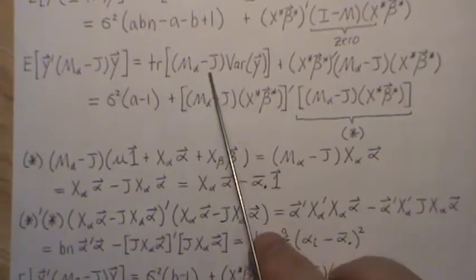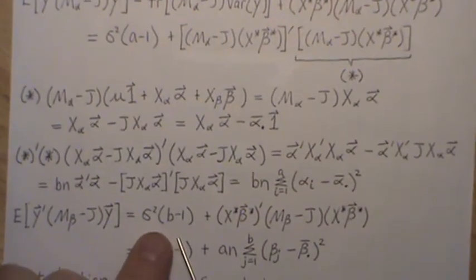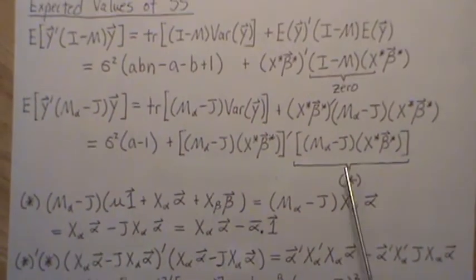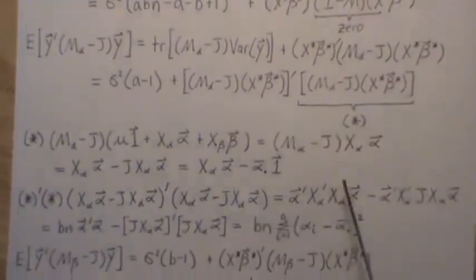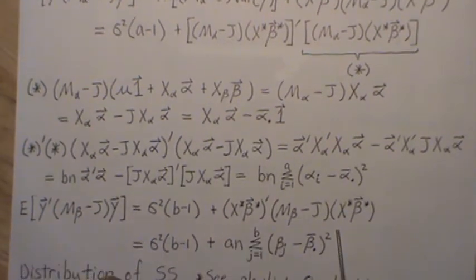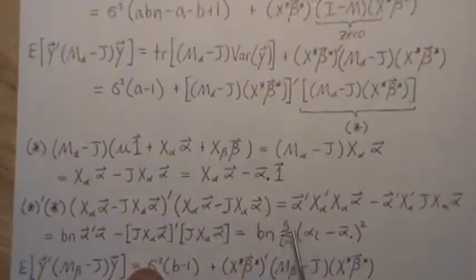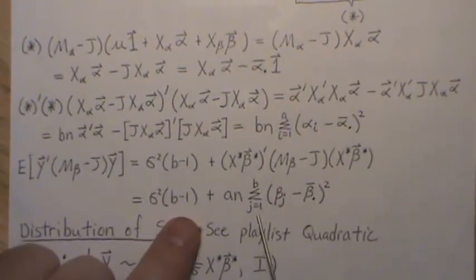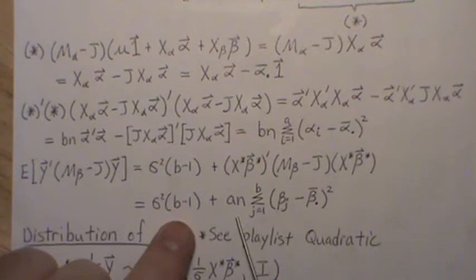I'm going to skip this part, it would generate sigma squared times beta 1, and this is the piece that we would get over here, the quadratic form. Well, then this, doing something very similar to what we did here, would boil down to this in scalar form.